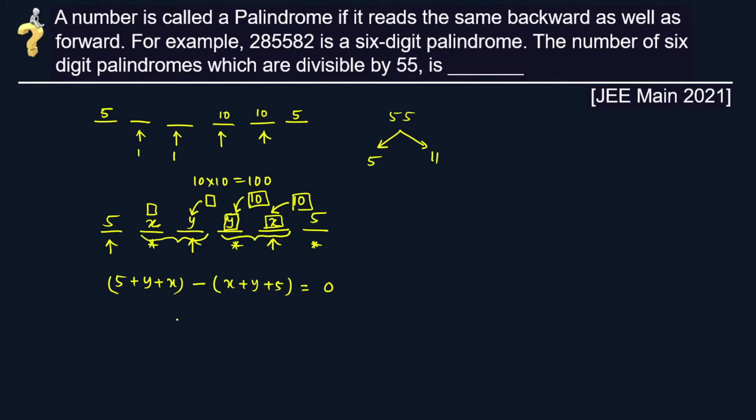Is it clear? Therefore, the sum of these two digits is equal to the sum of these two digits. So if we take the sum of the odd terms and the sum of the even terms, they are always going to come equal. Therefore, such numbers which can be formed is 10 into 10, that is 100.